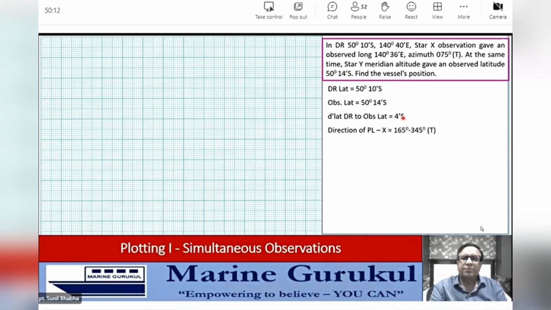Direction of PL of X, as already said, will be perpendicular to 075 degrees true, the azimuth, so shall be 165 degrees to 345 degrees. Direction of PL of Y shall be east-west, that is 090 degrees to 270 degrees true, being a meridian altitude observation and solved by latitude by meridian altitude.